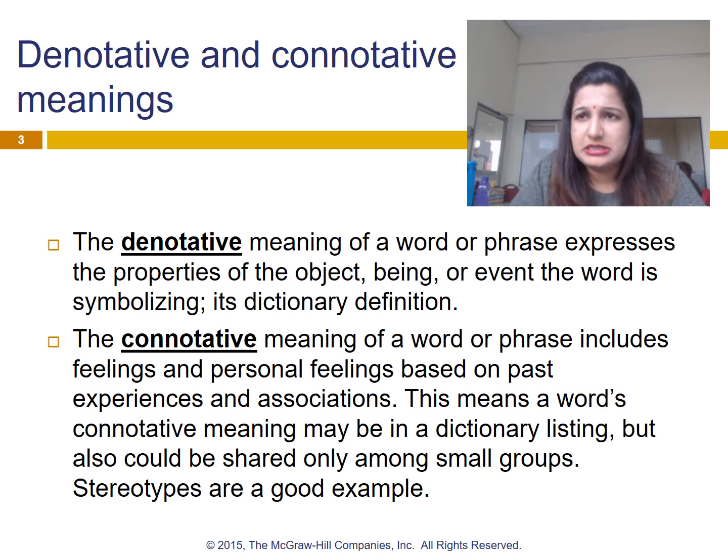It could be personal, it could be a societal reflex on that word based on past experiences and also associations. This means that a word's connotative meaning can be in a dictionary listing, but it could also be a shared expression, a shared meaning only with a small group.